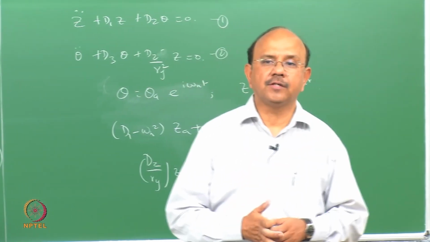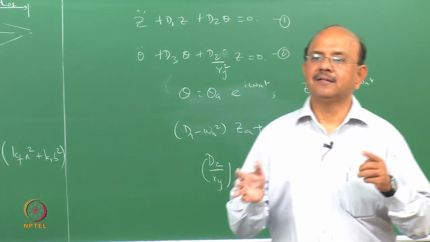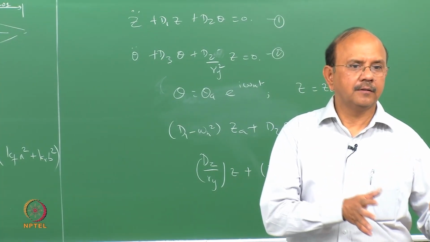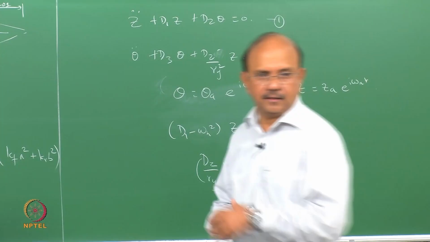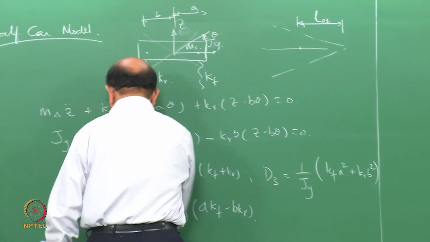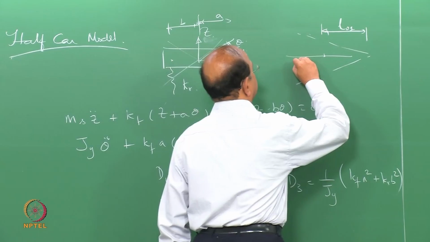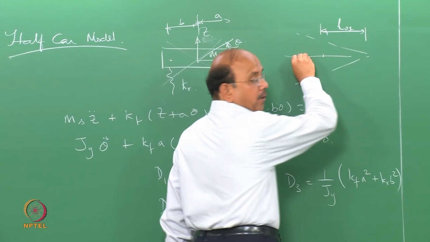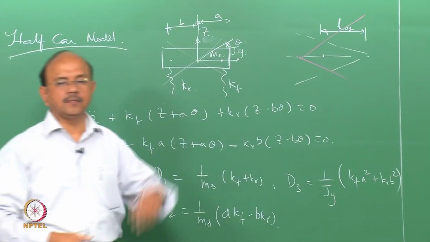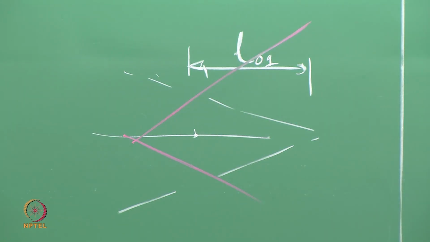In the same fashion you can get L02 by substituting in the next one, in which case the oscillation is going to be about another point, at the rear.